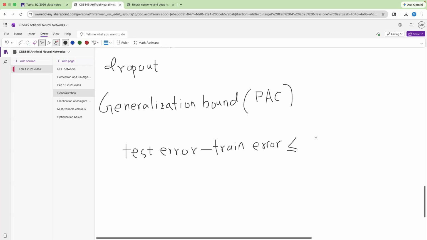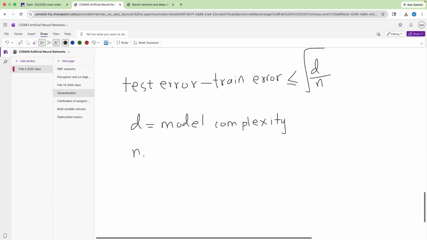The bound that we usually have is that this is less than or equal to the square root of d by n. And what is the value d? D is a measure of model complexity, and n is what we call sample complexity.